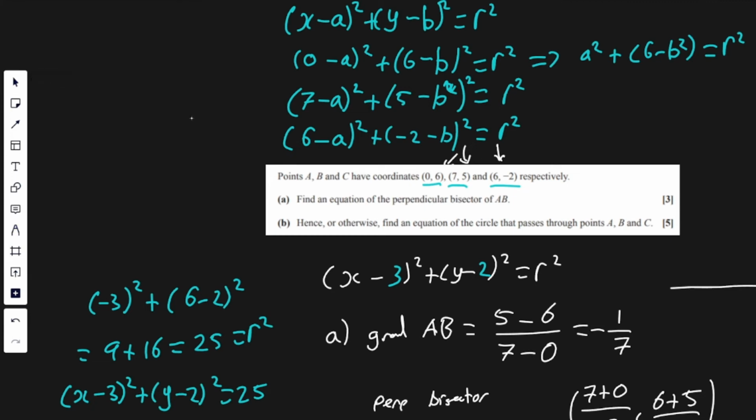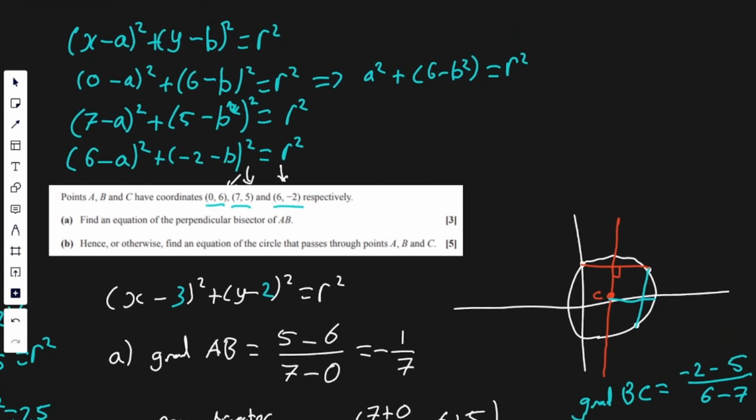Now, we obviously want to simplify these simultaneous equations, so what I'm going to do is equate the first and the second together, giving me a squared plus (6 minus b) squared equals (7 minus a) squared plus (5 minus b) squared.